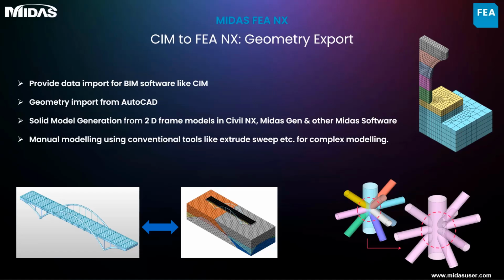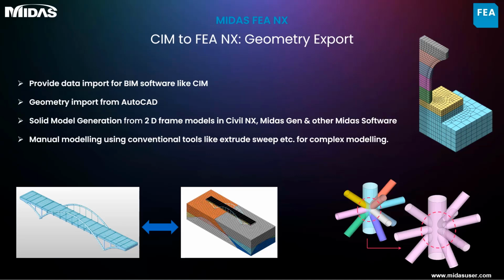Geometry import in MIDAS FENX. MIDAS FENX offers a wide range of options for creating 3D models. Geometries can be directly imported as parasolid files from any BIM platform like CIM. Complex geometries, such as those shown in the figures below, can be drawn in AutoCAD and imported into FENX.